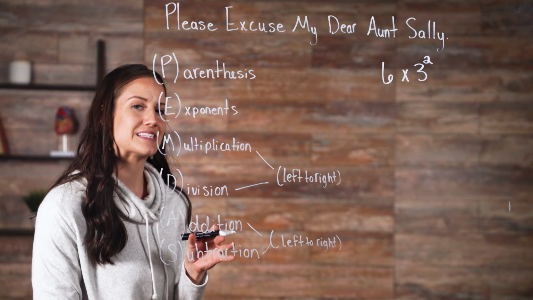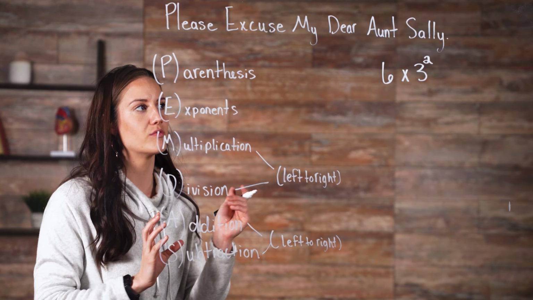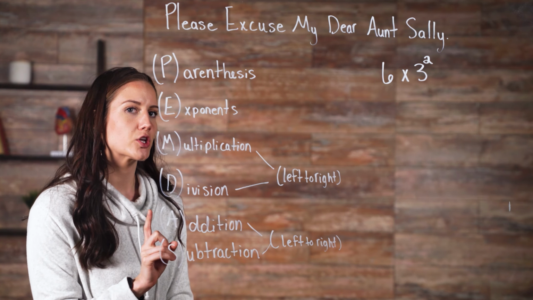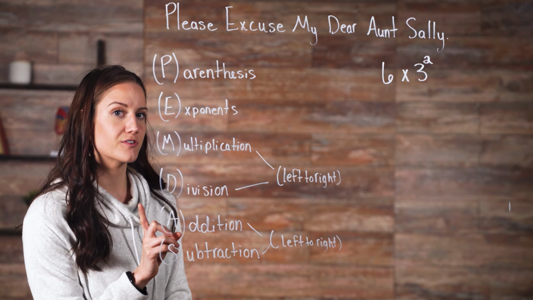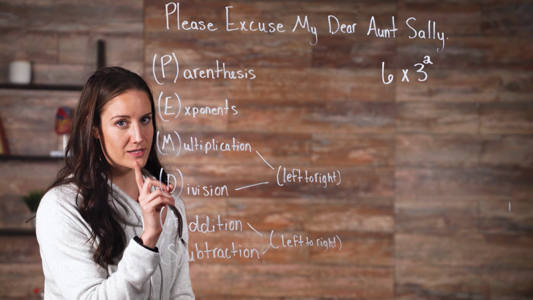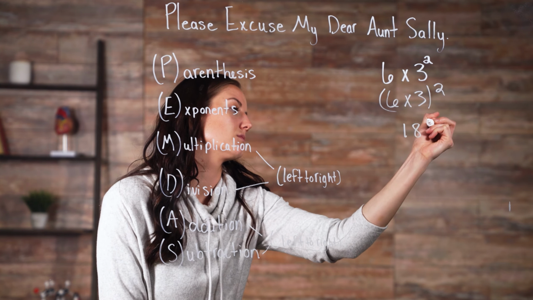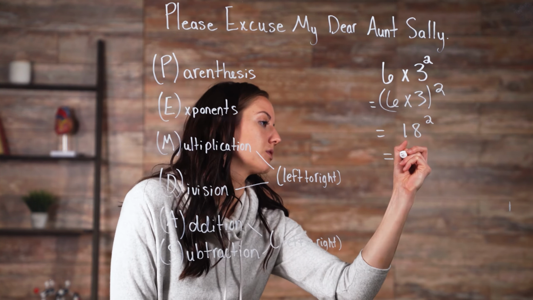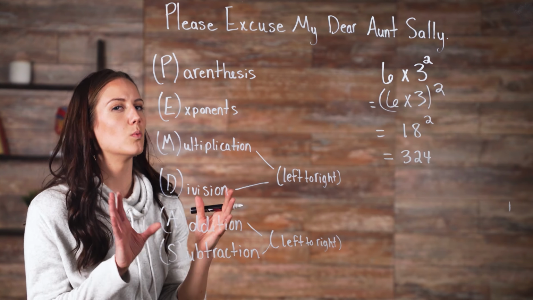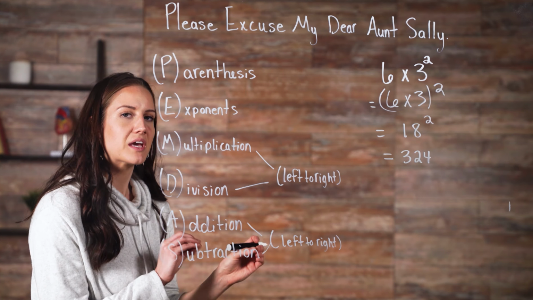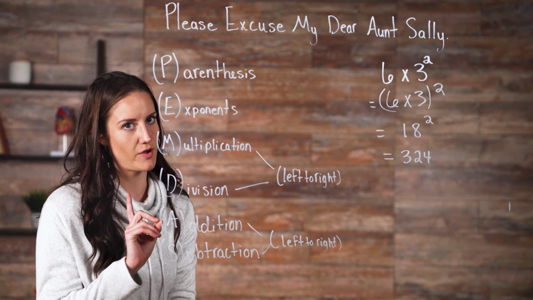The order of operations dictates how to solve this problem. Remember, you multiply exponents first. Here's the wrong way to solve the problem. Why is that wrong? Because you violated the order of operations.